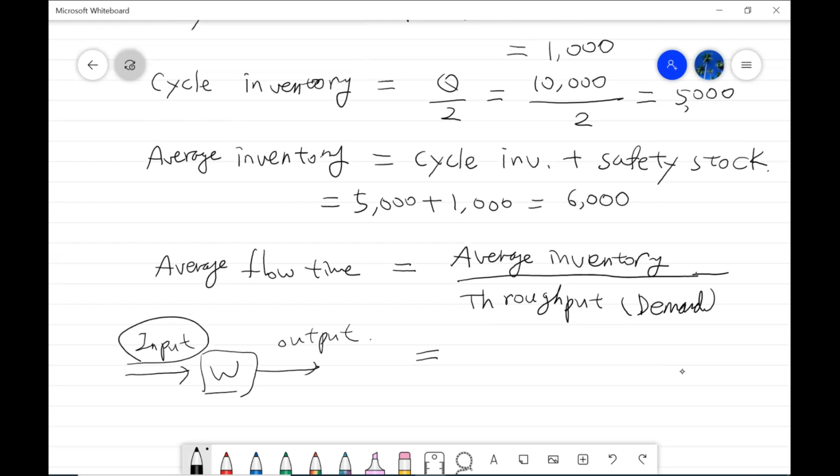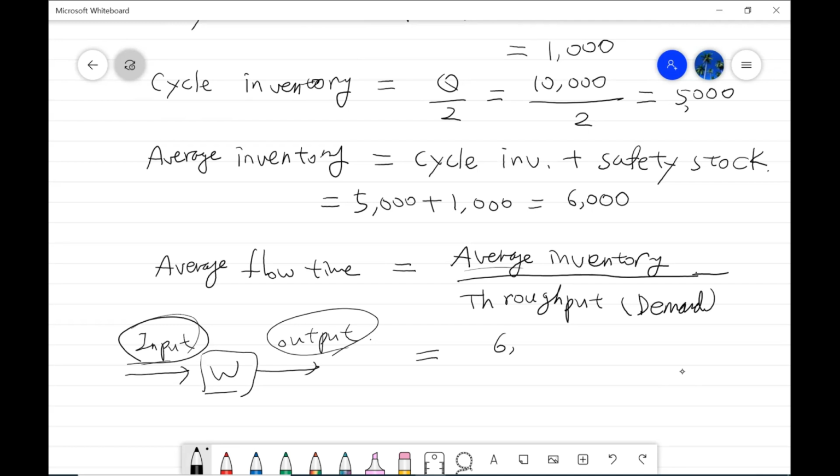It's the inventory, how much inventory you have. And then what about the output? It's the demand, because of demand you're going to take out this inventory from your warehouse. So the average flow time is just input over output.